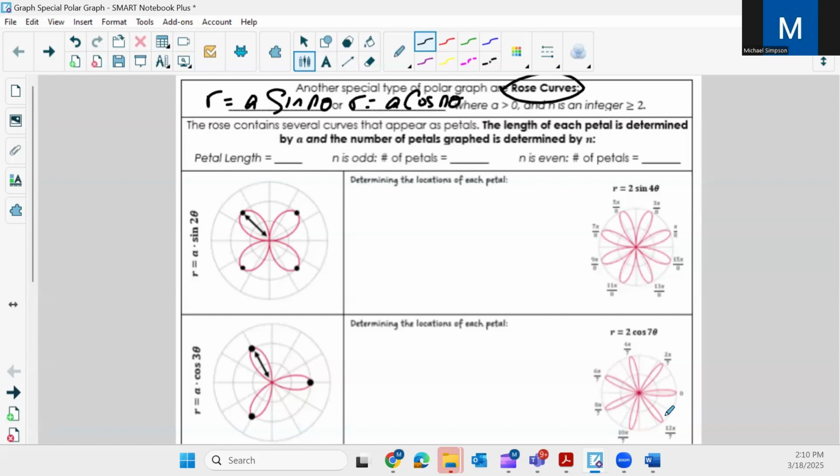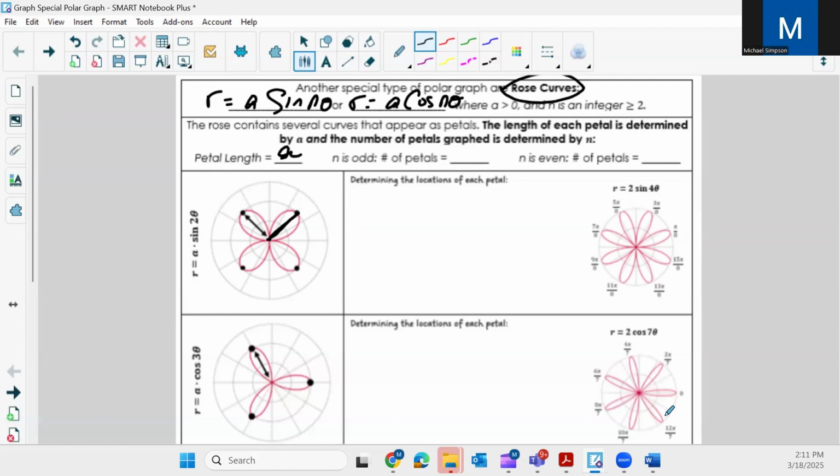Good? Two formulas. I think my penmanship is not the best. Good? Okay. The A is the distance from the center. So here, that is your distance A. How far is the petal from the center? So it's called petal length. That's A.